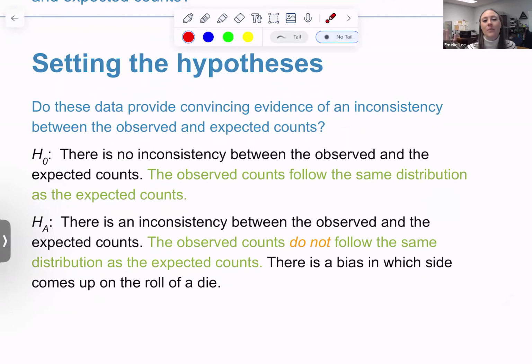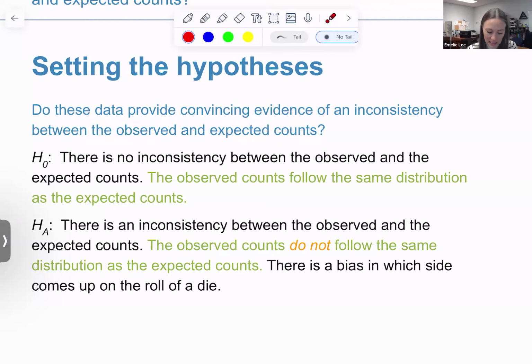So what we want to ask is, do these data provide convincing evidence of an inconsistency between the observed and expected counts? Your null hypothesis generally is that there's no inconsistency between the observed and the expected. You have to assume that they're the same until you have proof otherwise. The observed counts follow the same distribution as the expected counts.